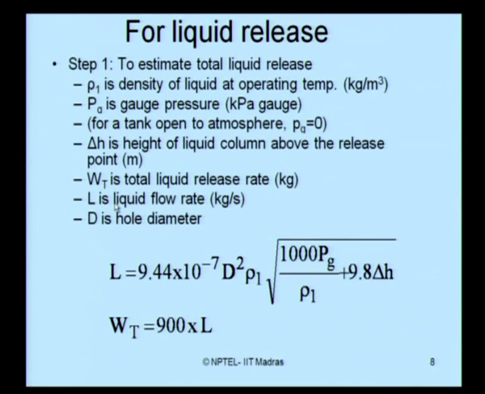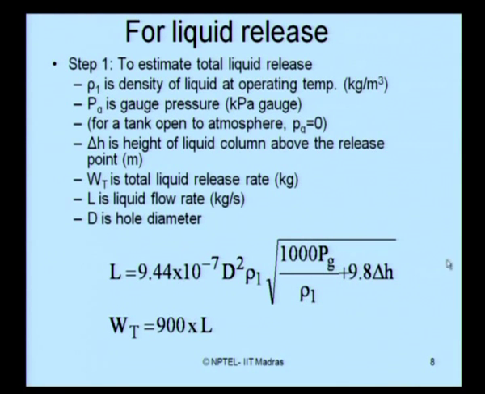Now I can easily find the liquid flow rate first as given by this equation, where D is the whole diameter, rho 1 is the density of the liquid at operating temperature, Pg is the gauge pressure, and delta H is the height of the liquid column above the release in meters.